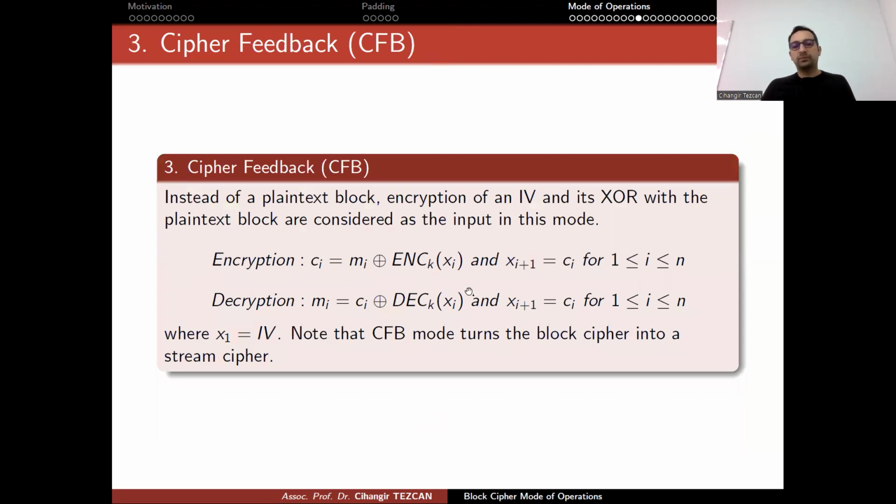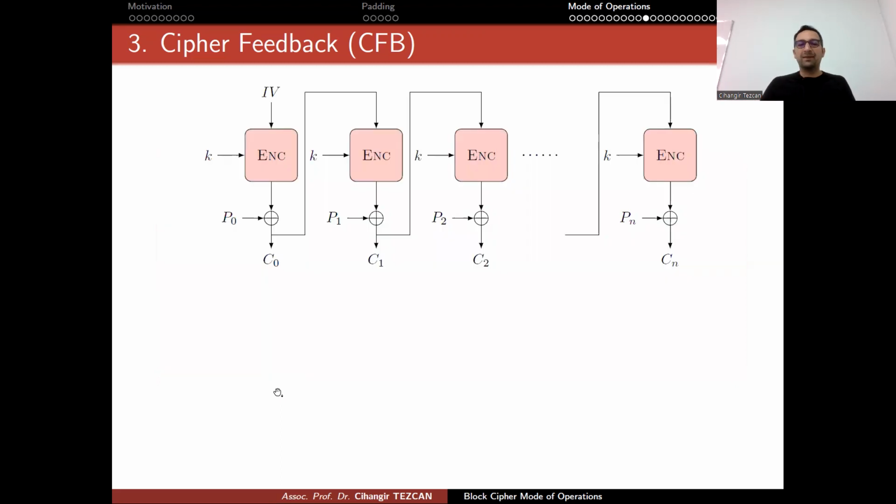So here we are encrypting Xi and then XORing them with Mi, okay, where X1 is the IV. So here I'm saying that CFB mode turns the block cipher into a stream cipher, and this will be more clear in the picture.